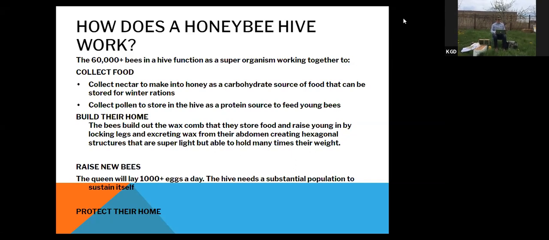It's a lot. So if you're starting off now in the season as a new beekeeper, the question is, how long does it take to actually get honey? Would you get it the first season?